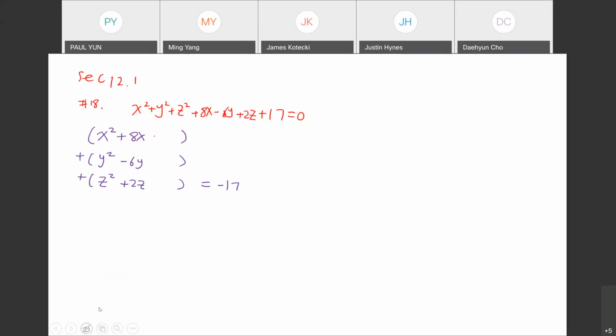What's the half of this? 4, right? So 4 squared. So add 4 squared here.